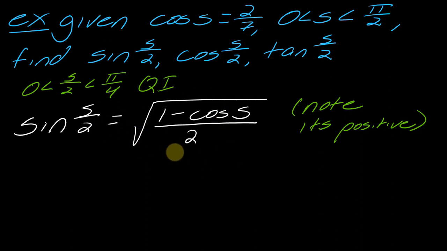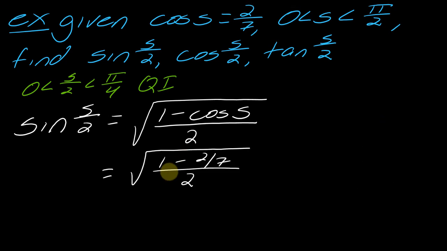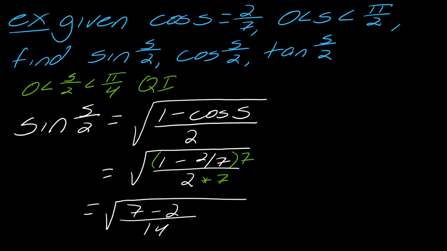Here's the identity, and now remember, I know cosine of s. That was given to me, so this is what I mean when I say that you don't have to redraw the picture. I can just plug in that 2 over 7, and then simplify all of this. So I'm going to do that same trick you keep seeing me doing: multiply everything by 7 so I can clear the fraction. So I'm left with this calculation here.